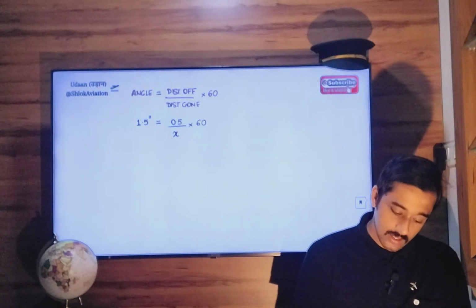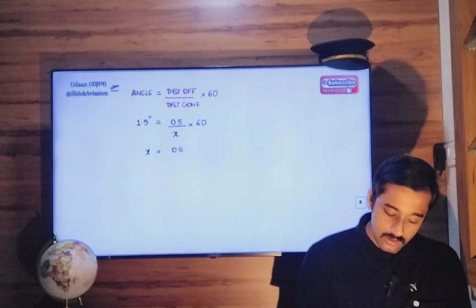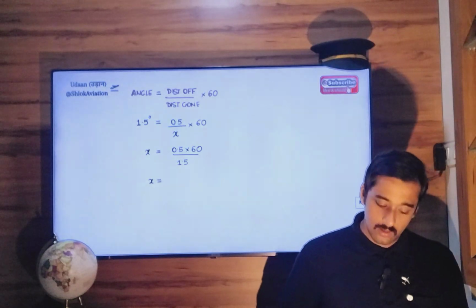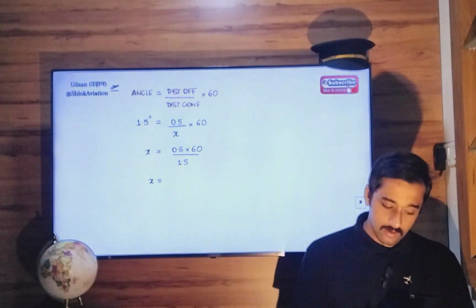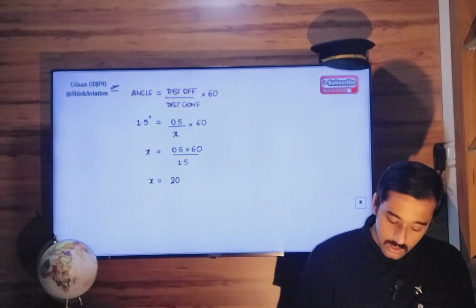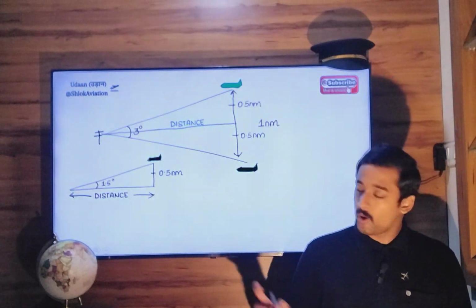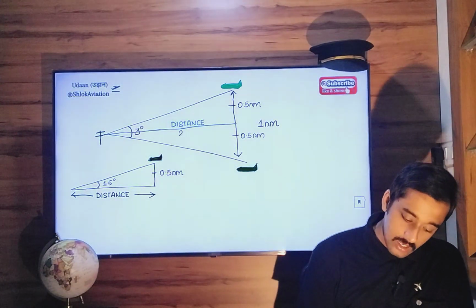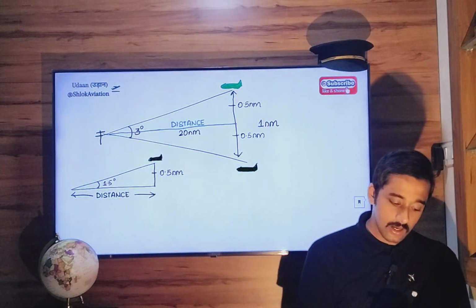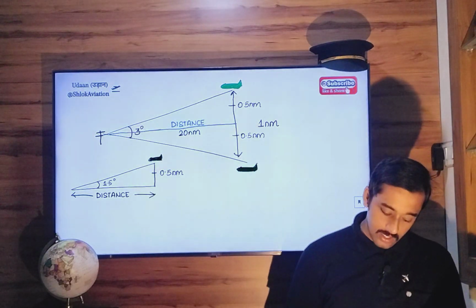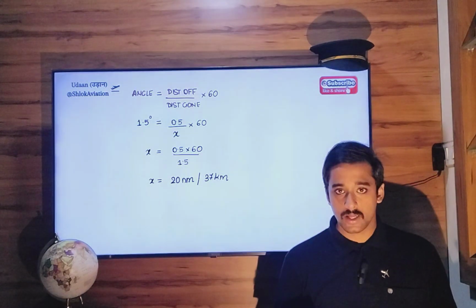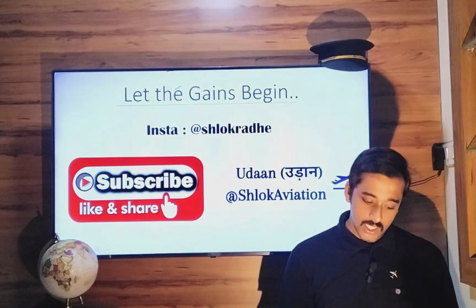So x equals 0.5 into 60 divided by 1.5. So x will be equal to 0.5 into 60, which is 30, divided by 1.5. That is equal to 20 nautical miles. So the horizontal distance from the transmitter to this point is 20 nautical miles. 20 nautical miles is nothing but 37 kilometers. Remember this.